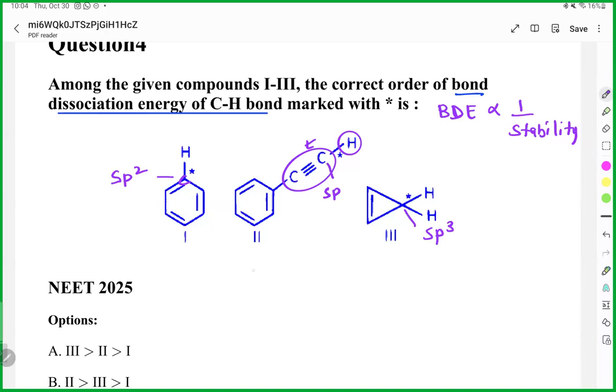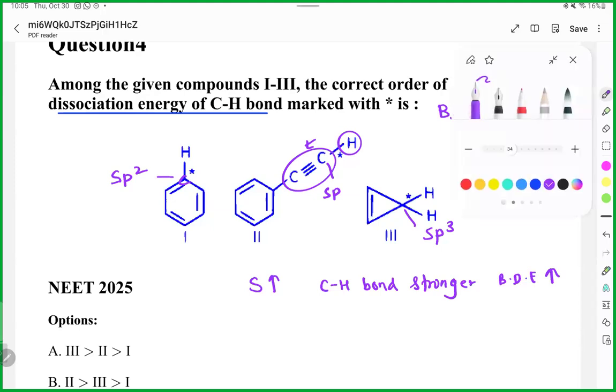You know if S character is more, then the carbon hydrogen bond will be stronger. And if the carbon hydrogen bond is stronger, then bond dissociation energy will be high. Yes or no? Yes, sir.